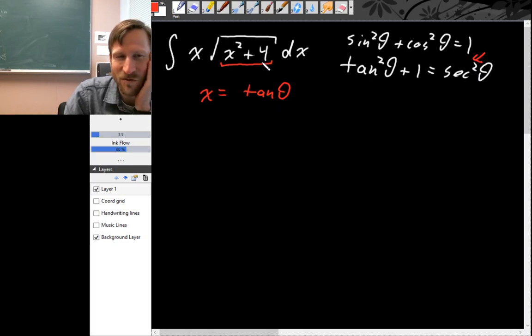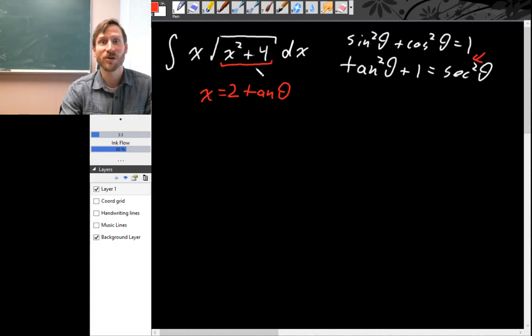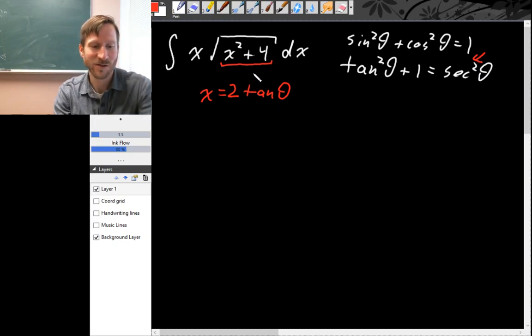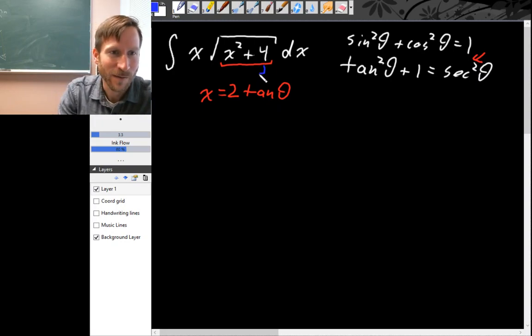So it would be nice if that 4 was a 1. Well, if we put a 2 right here, which is the square root of 4, then when we square 2 tangent theta, we'll get 4 tangent squared theta, and then we'll have a 4 that we could factor out. So this 4 is causing us to multiply our tangent by 2.